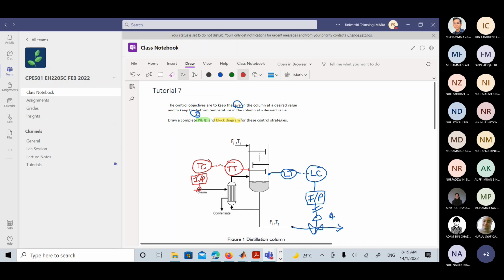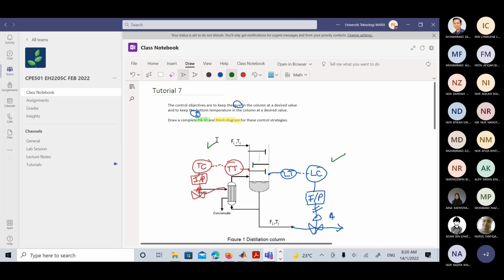And then the control valve will regulate the valve whether to open in order to increase the flow rate so that the steam will be fed to the column in order to increase the temperature to its set point.